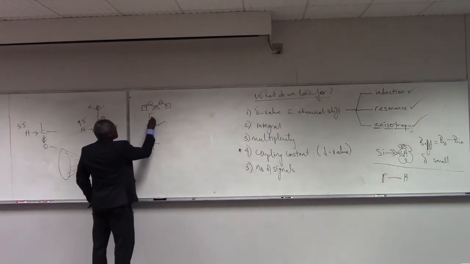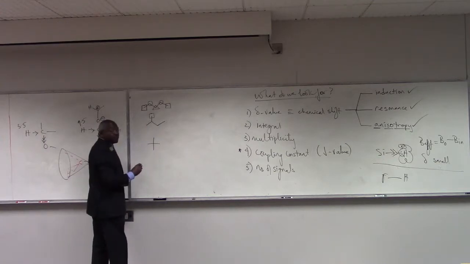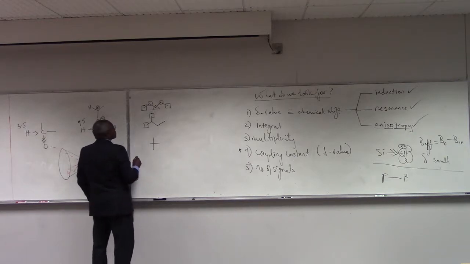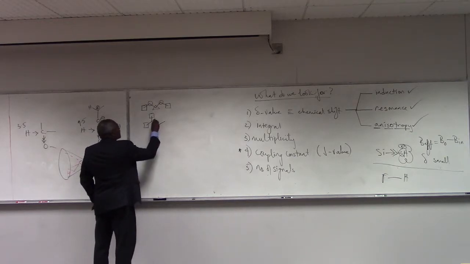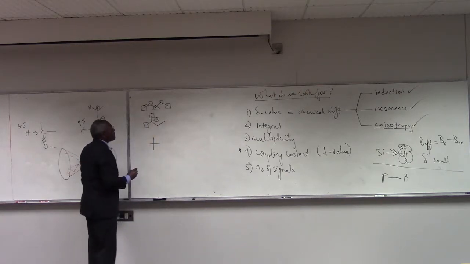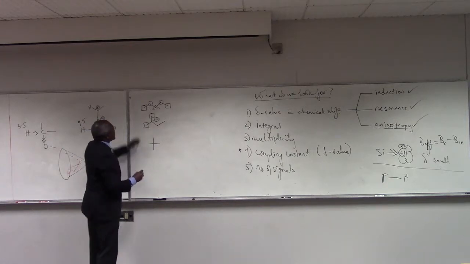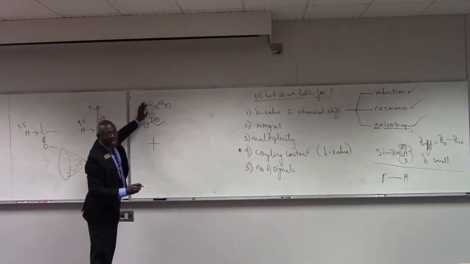Here I have a methyl attached to an isobutyl. I have an H that is attached to a gem dimethyl. I'm highlighting the carbons, but I really mean the H's on the carbons.